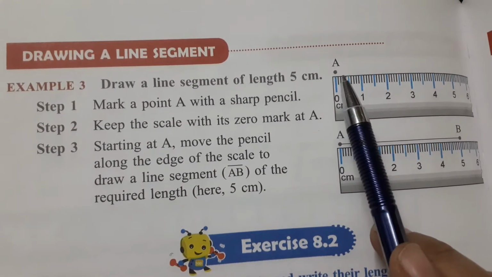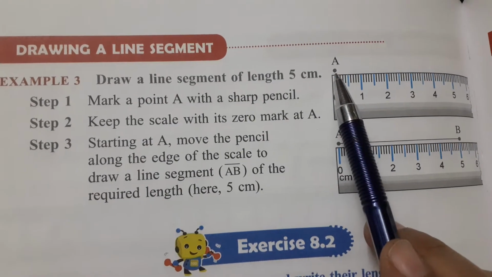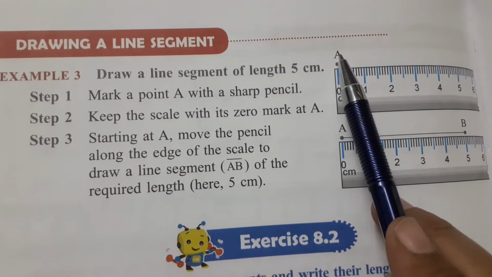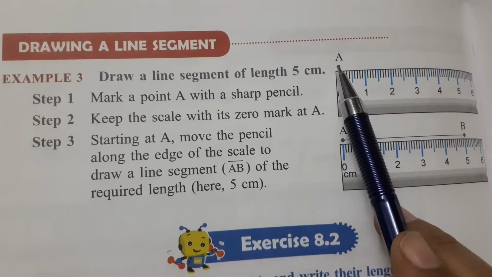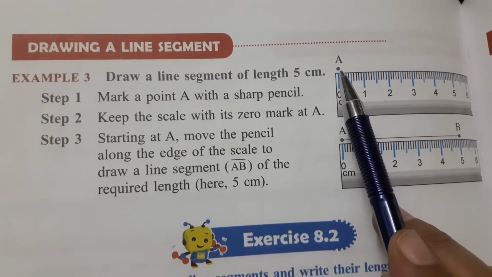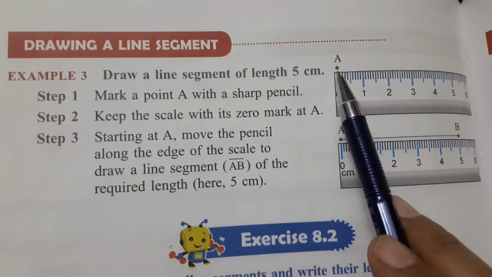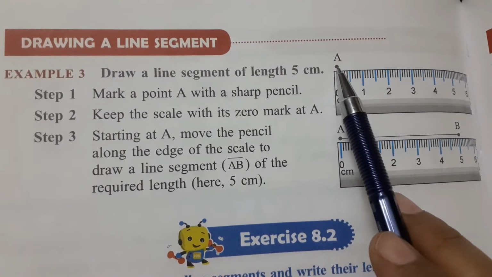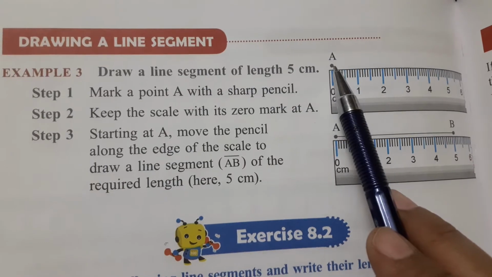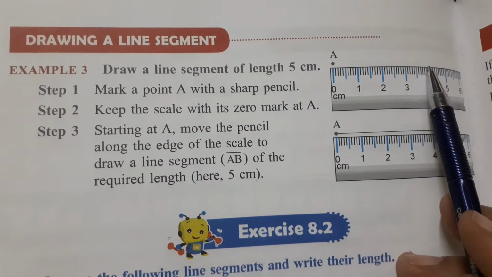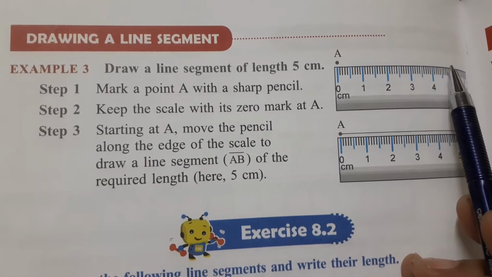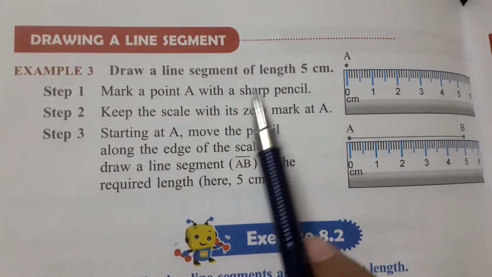Keep the scale with its 0 mark at A. Then starting at point A, move the pencil along the edge of the scale to draw a line segment AB of required length.